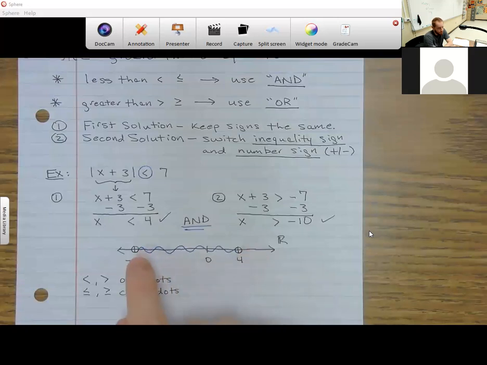And I can't choose negative 20 down here, because that's outside of the shading. So we can choose any number between negative 10 and 4. For example, 0 would be an answer for this. And in fact, there's infinitely many answers you can choose. But you just shade the number line accordingly to whatever solutions that you have, okay?